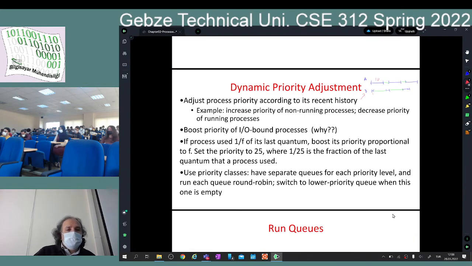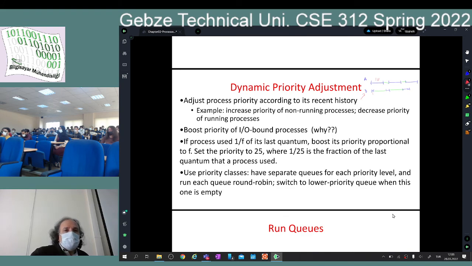Use priority classes, and have separate queues for each priority level. Maybe I can do that too. One level for the interactive ones, one level for the other ones, and this is how you can determine the quantum time for each queue. That's a priority queue.